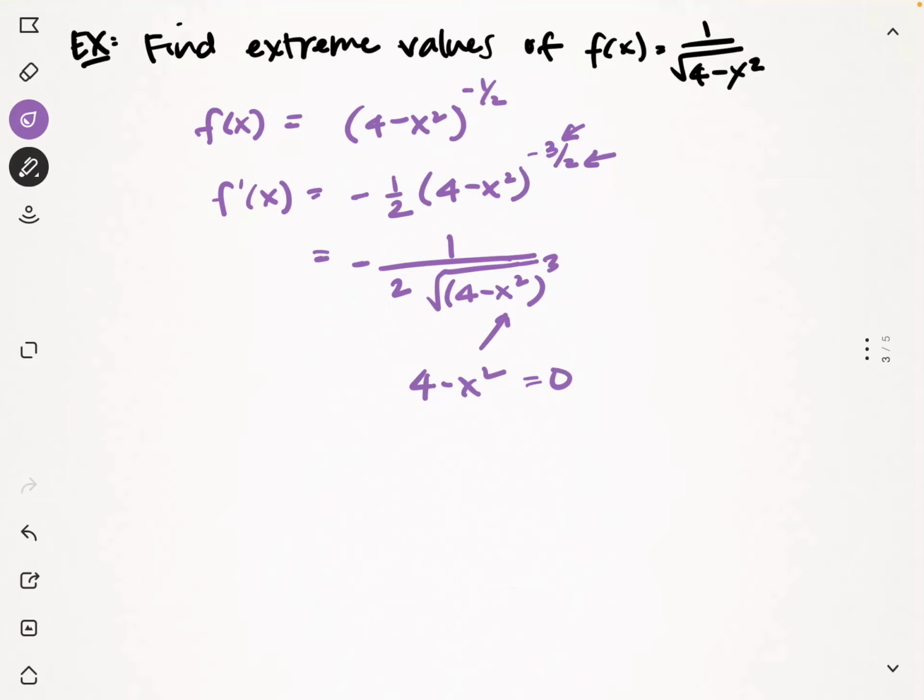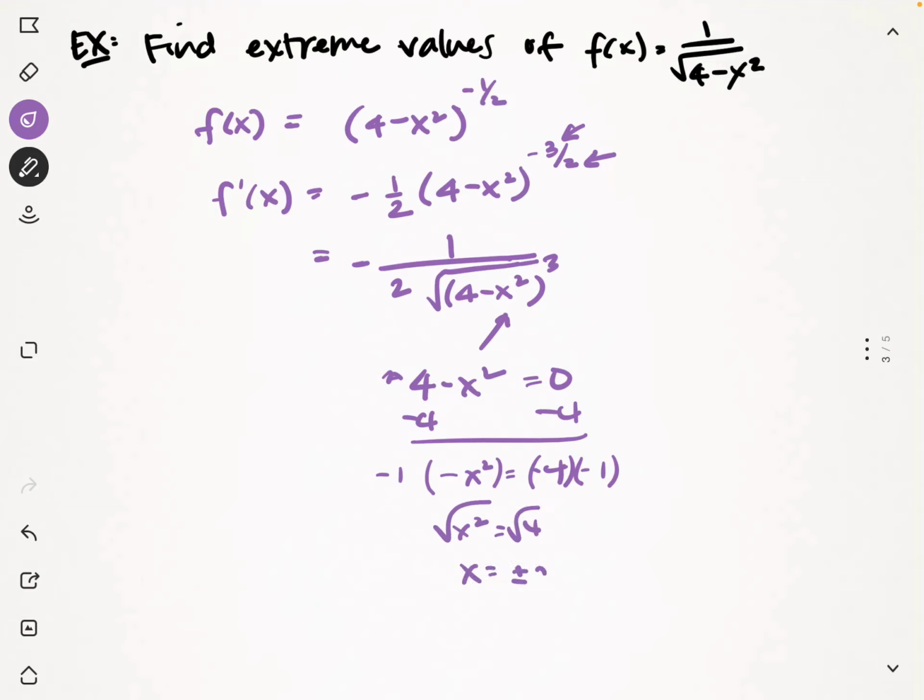When is this equal to 0? Some of you can already figure it out, right? That's going to be at 2 and -2. But let's go ahead and solve it anyway. Minus 4. Okay, so we get x squared equals 4, square root, x equals positive or negative 2.